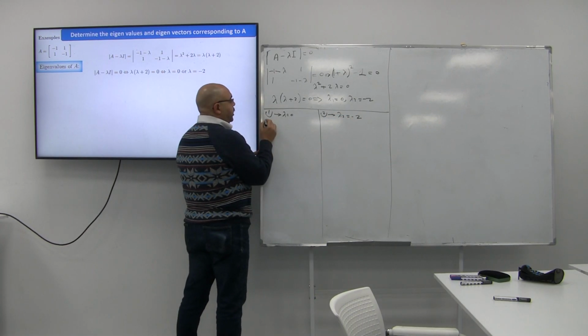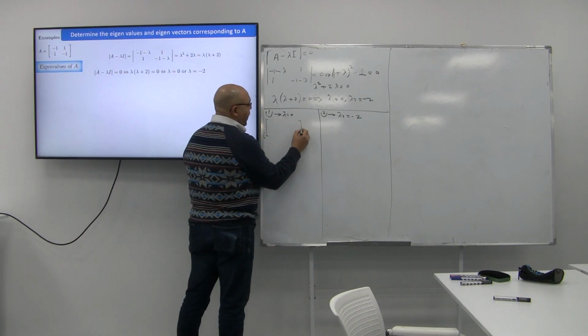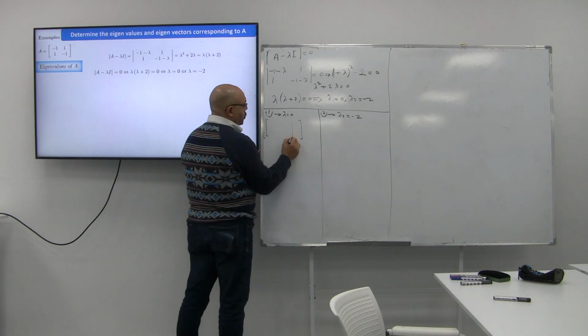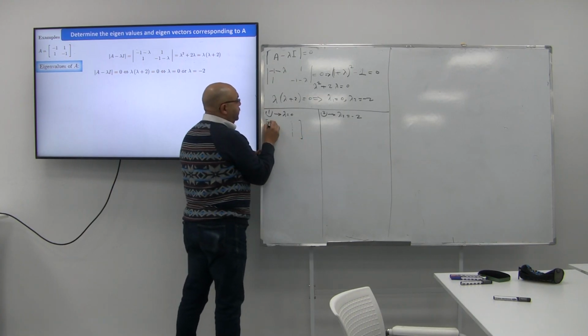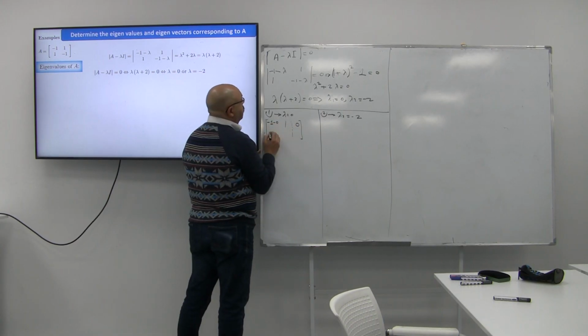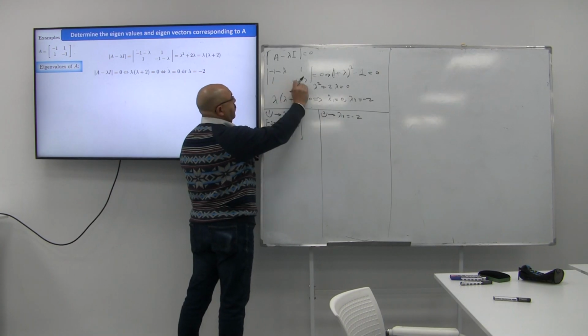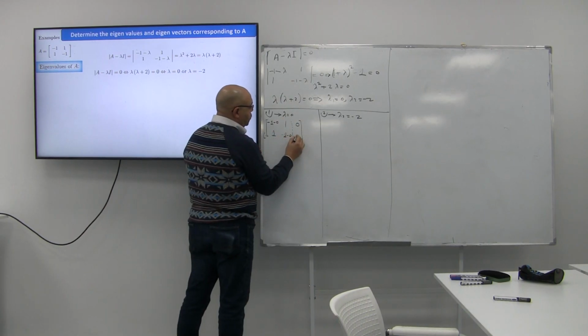Once more, I will regain the system, which states that I will have a matrix in this form. The elements are negative 1 minus 0, 1 and 0. The second row is 1, negative 1 minus 0, and 0.